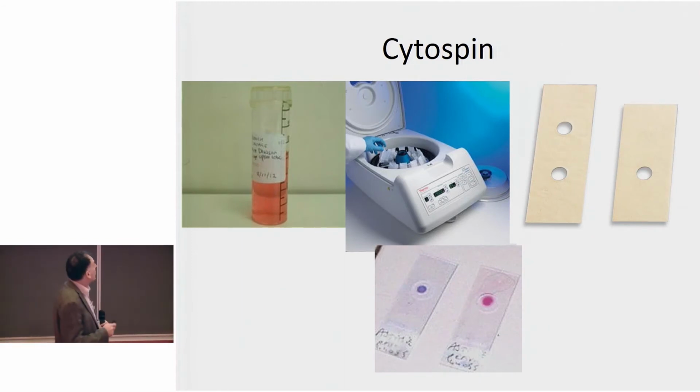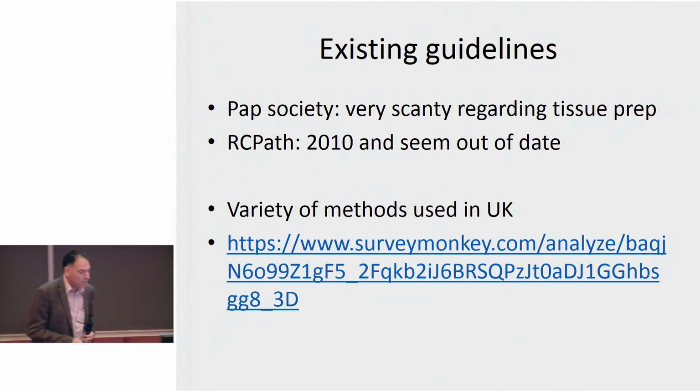So if you send the sample to the lab in some sort of fluid, this is probably a CytoRich Red, which is a methanol-based material, the cells are then spun down, and a Cytospin can be made using these techniques.